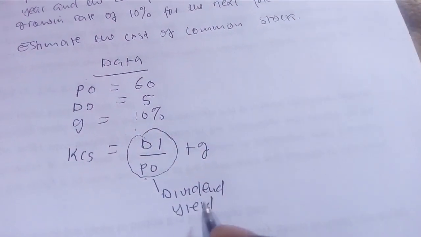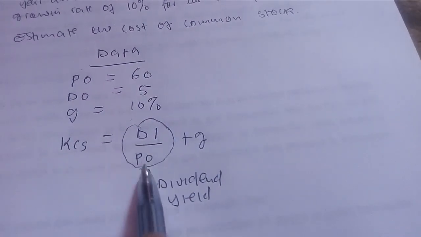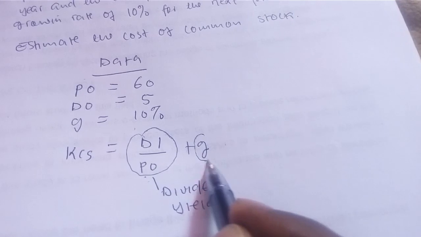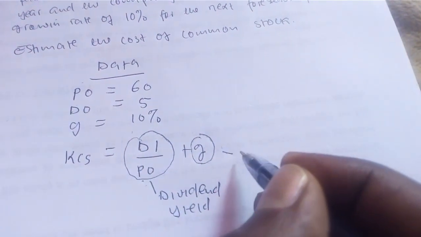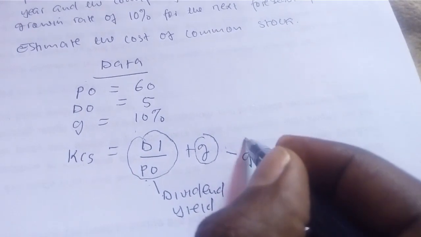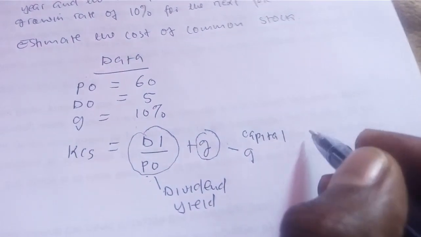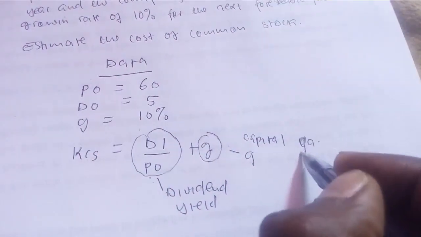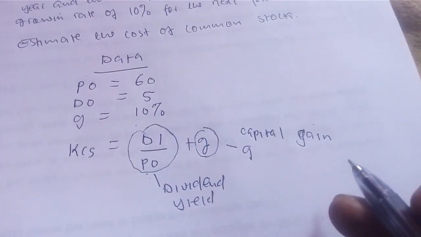So don't be confused when you come across the term dividend yield, meaning that they've already divided for you. And this growth here, in other texts you find it called capital gains. So they are just one and the same thing.